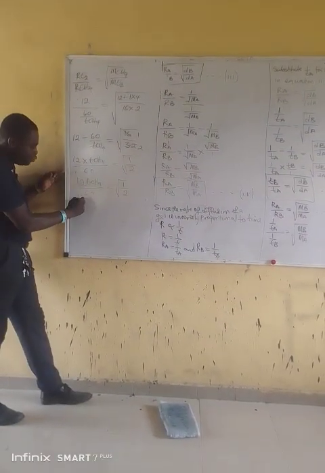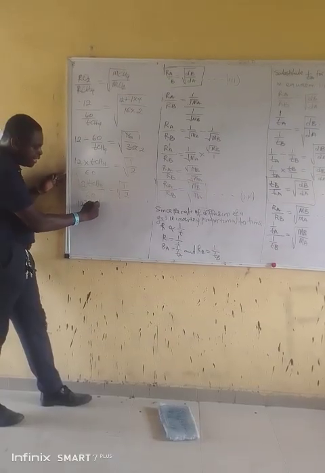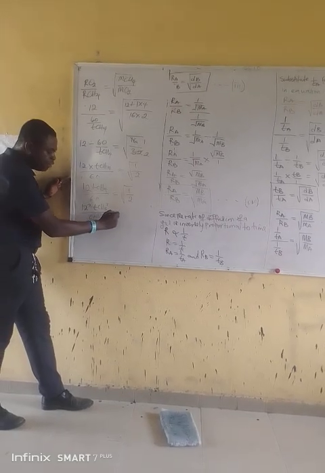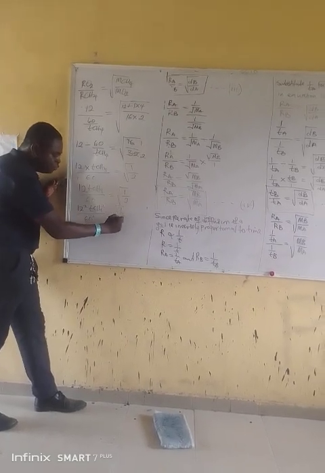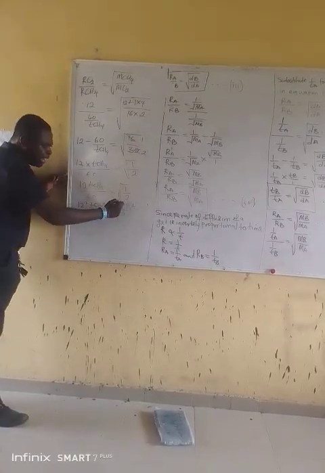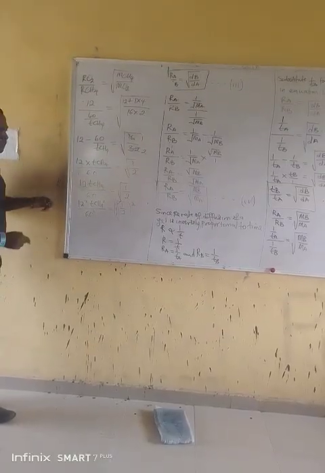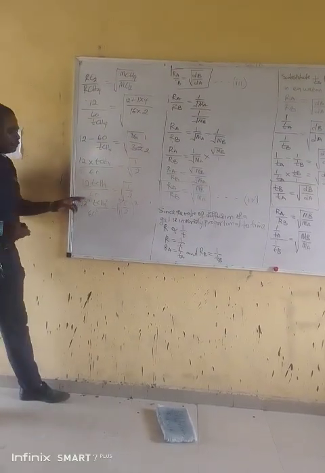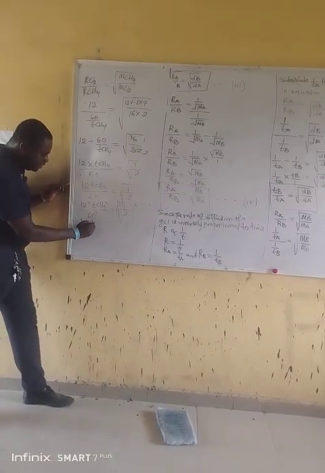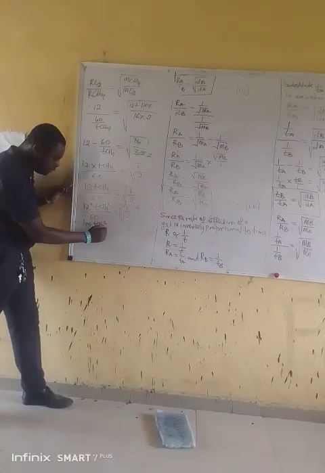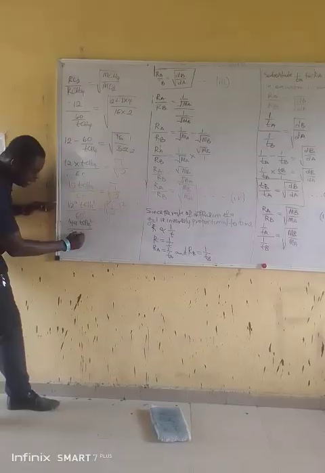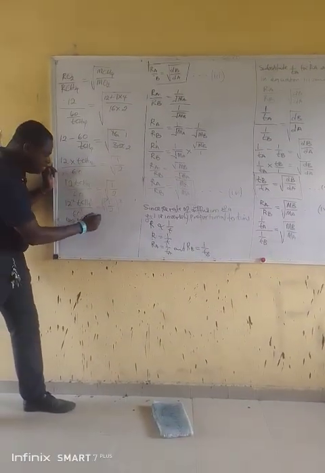We now have 12 square T of CH4 square over 60 square is equal to everything here, 1 over 2, all square. So this square will now cancel out this square root. Press your calculator. What is 12 times 12? 12 square is 144, yes. 144 T of CH4 square. Oh yeah, 60 times 60 is 3600, Abi.